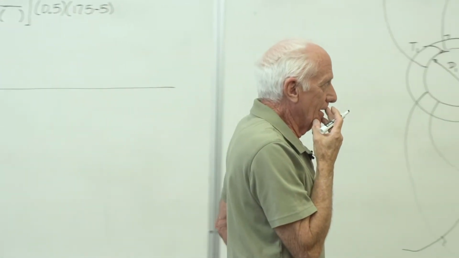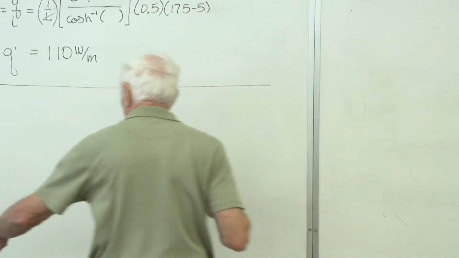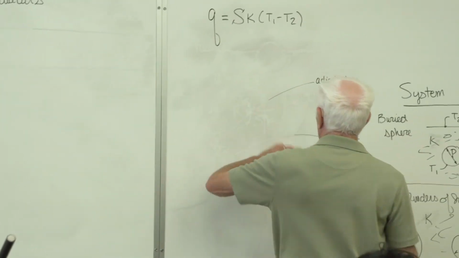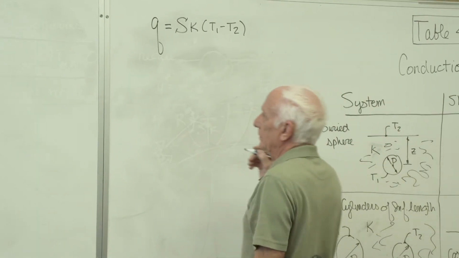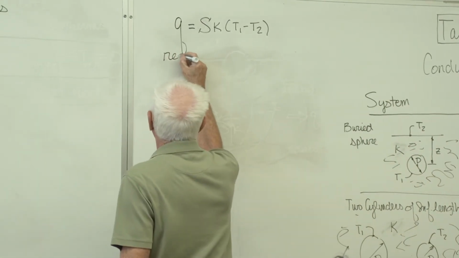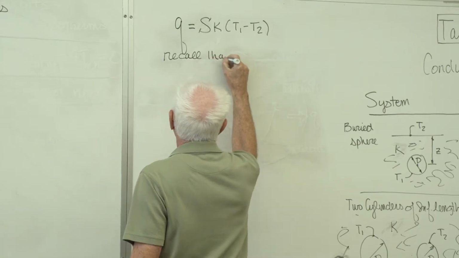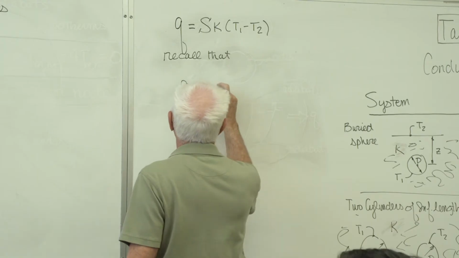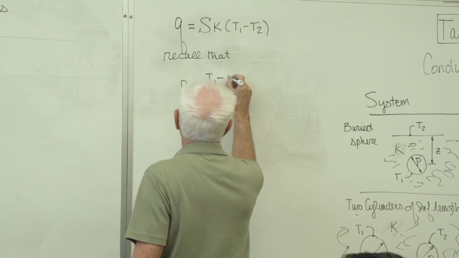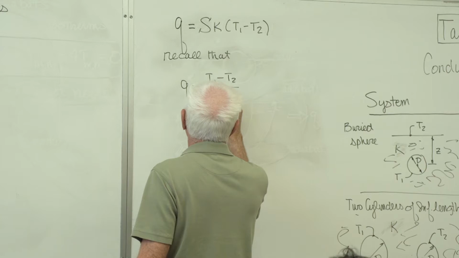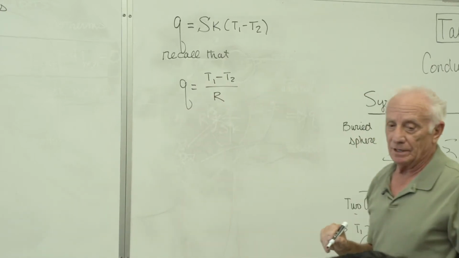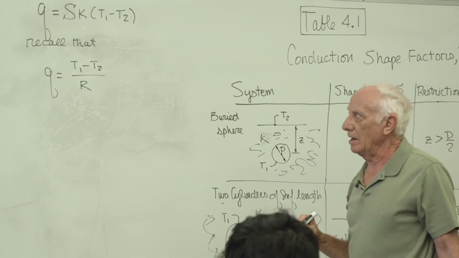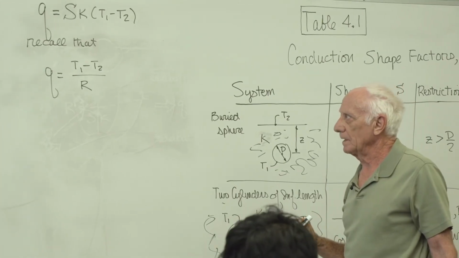Now, if you look at this equation for Q up here in terms of S, you can also recall in chapter 3, we had that conduction resistance, okay? T1 minus T2 divided by R. R is a conduction resistance.